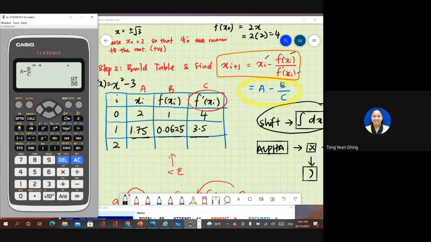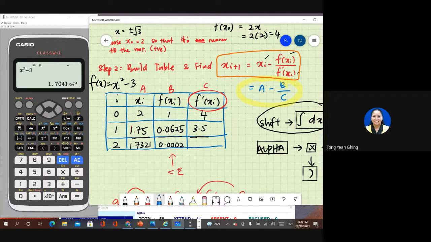So we'll get 1.7321. Okay? And then find the fx, calculate 1.7321. So get this one, 0.0002. So done, can stop already. Because already less than epsilon. So yang tu pun tak perlu kira.